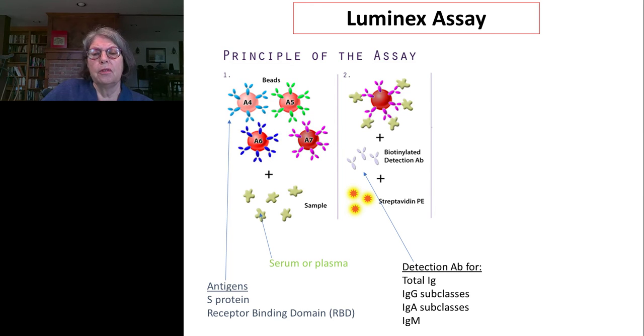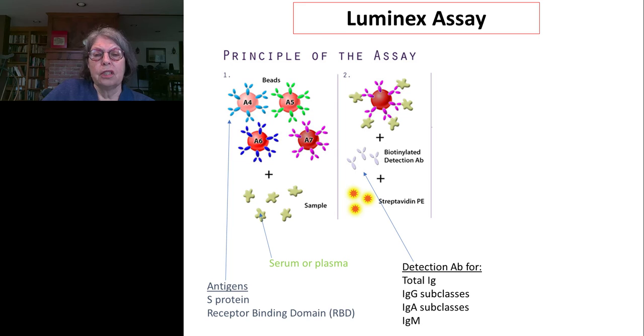And then for the readout, a final reagent is added, which is streptavidin labeled with phycoerythrin. It will bind to the biotinylated secondary antibodies.